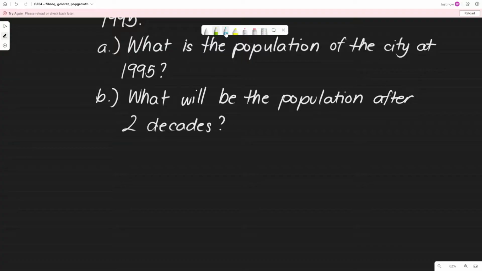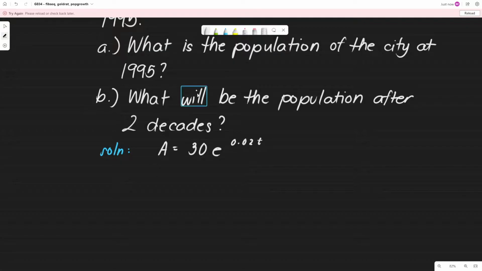Okay, so for the solution, again, let's write the model. A is equal to 30, this is in millions, so never forget, the 30 here is in millions. Then we have e raised to 0.02, that is 2%, t.